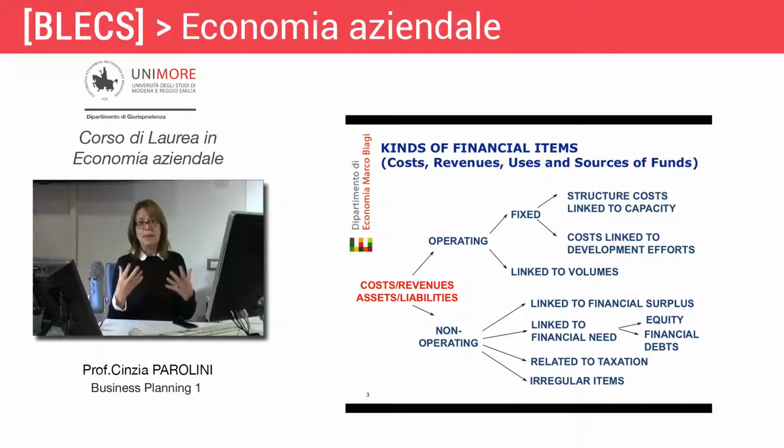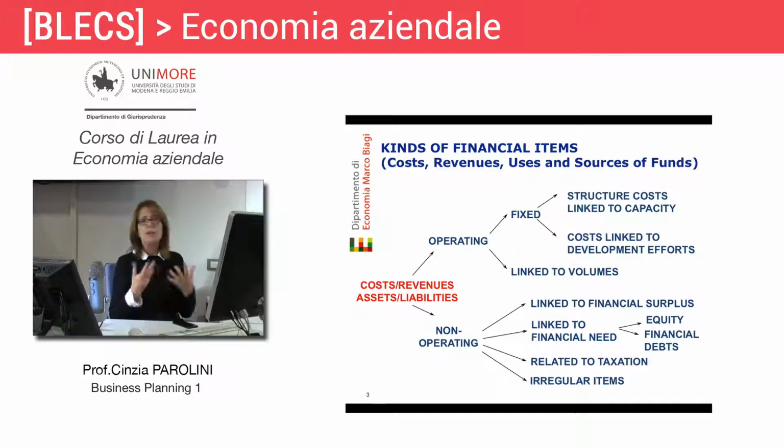We have items linked to financial need in the balance sheet, that is bank overdraft, mortgages, equity. But we also have items linked to financial need in the income statement. If we have a bank overdraft, on the bank overdraft we pay interest. So interest expenses are in the income statement and they are linked to financial need.